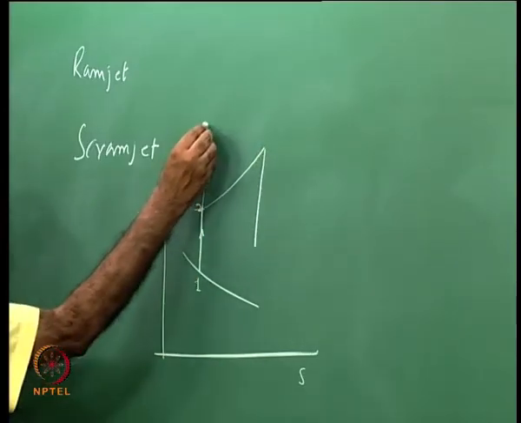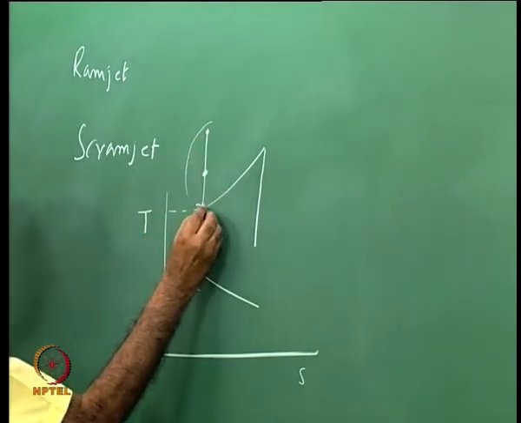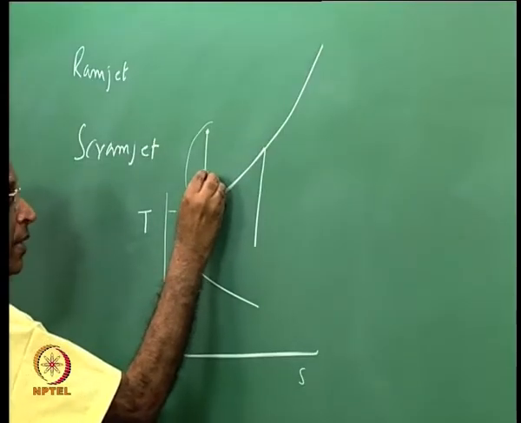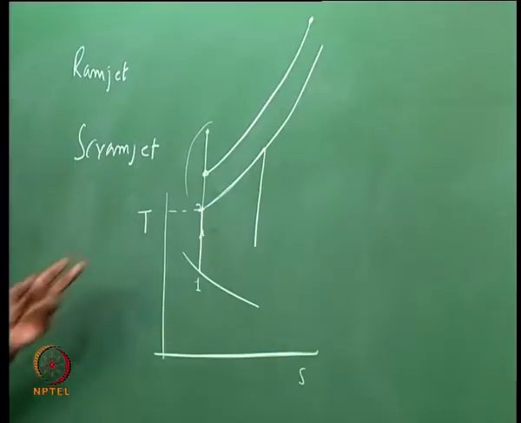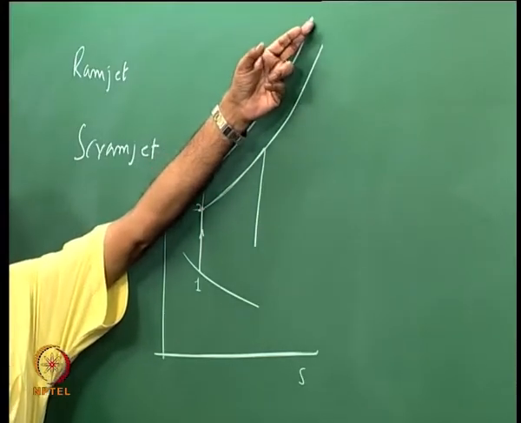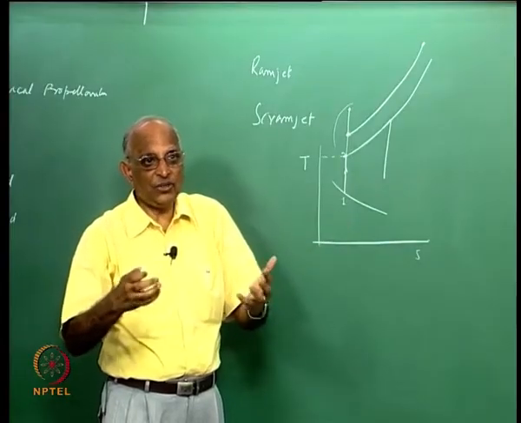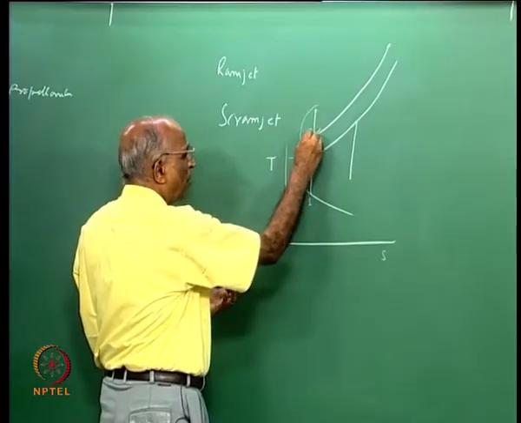But the question is, I say okay, I will still increase my amount of heat addition. Even though the temperature here is higher, I increase the heat addition to a still higher value. If I increase the heat addition to a very high value, I get intense dissociation and the chemical energy is not really available.